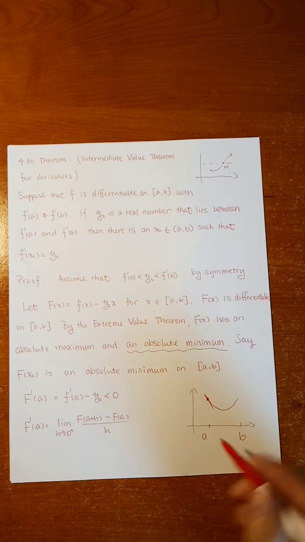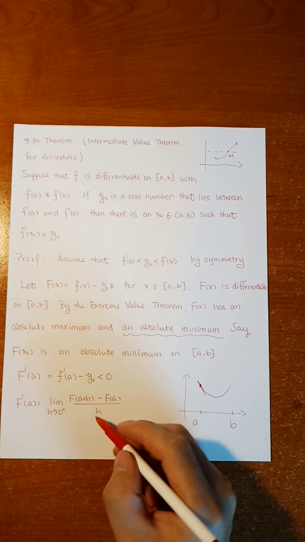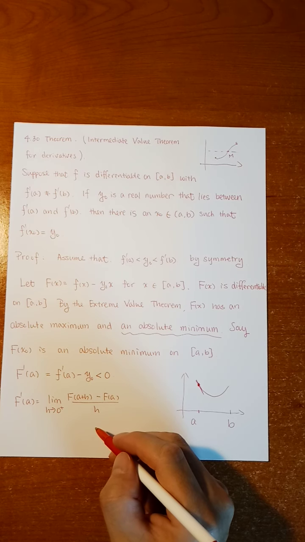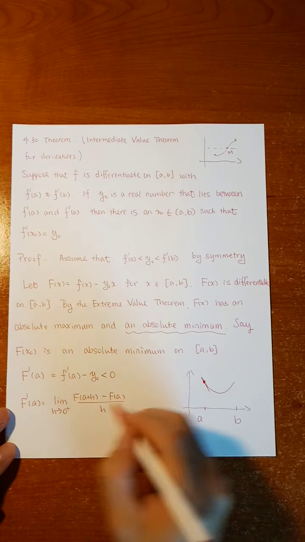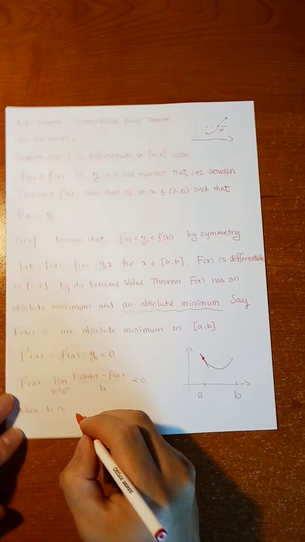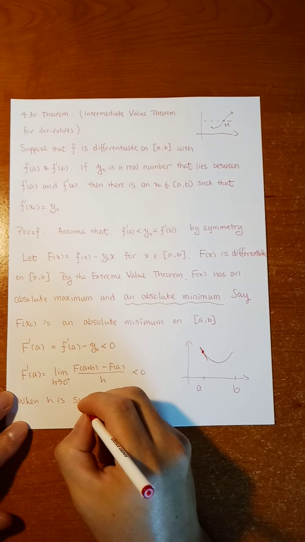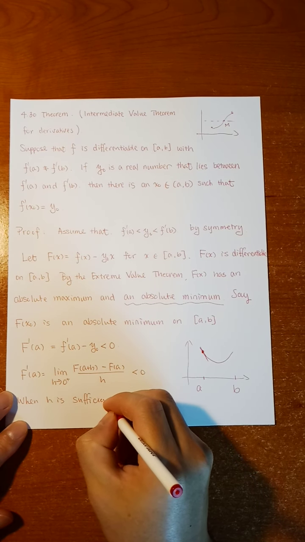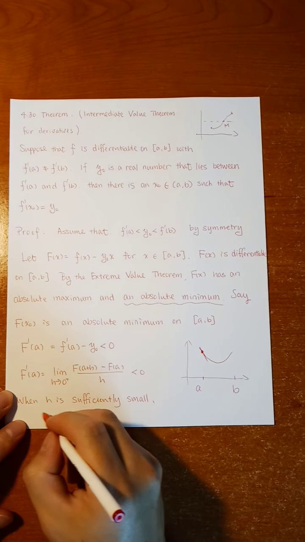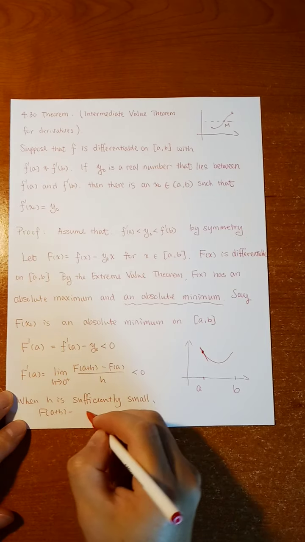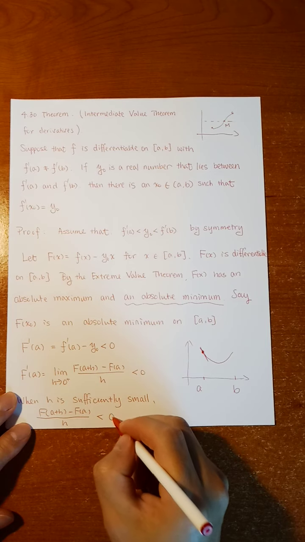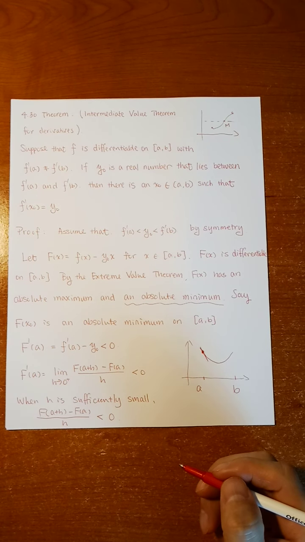Okay. This limit is negative, so eventually when h is sufficiently small, the whole ratio will be less than 0, right?